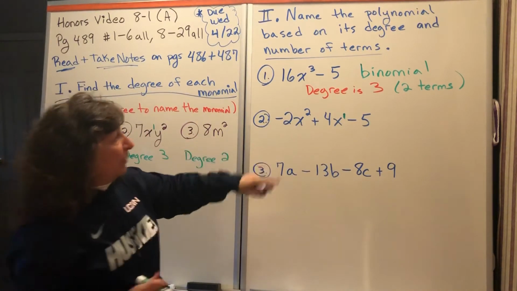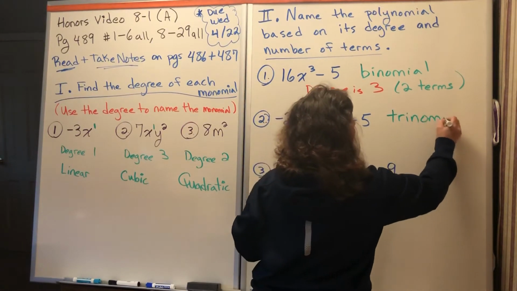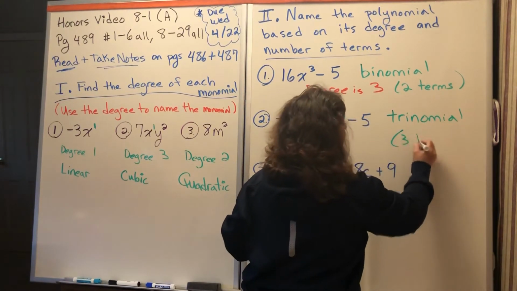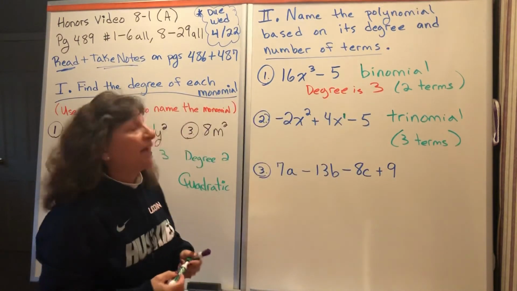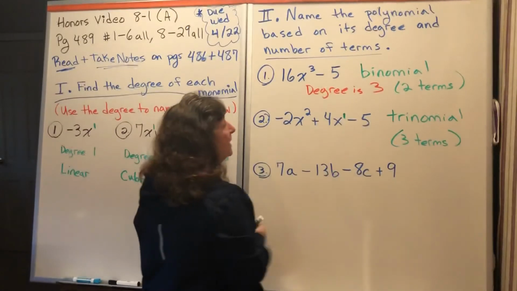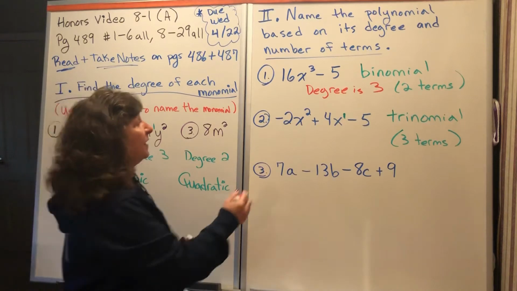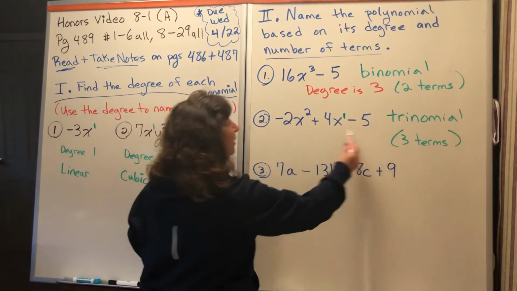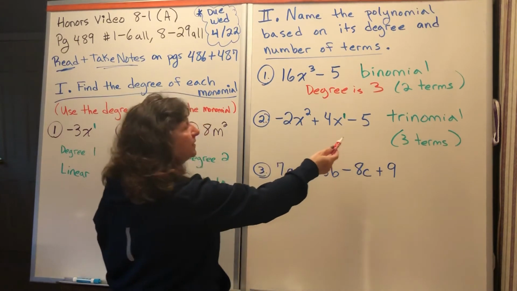There are 3 terms. This is called a trinomial because it has 3 terms. Think of a tricycle that has 3 wheels, and that's where the vocab term comes from. And my trinomial, if I wanted to name it, the highest degree in this trinomial is a degree 2, because this is a 2, this is a 1, this is a 0.